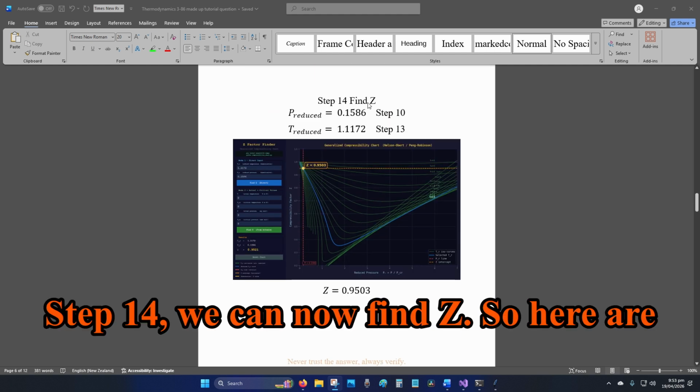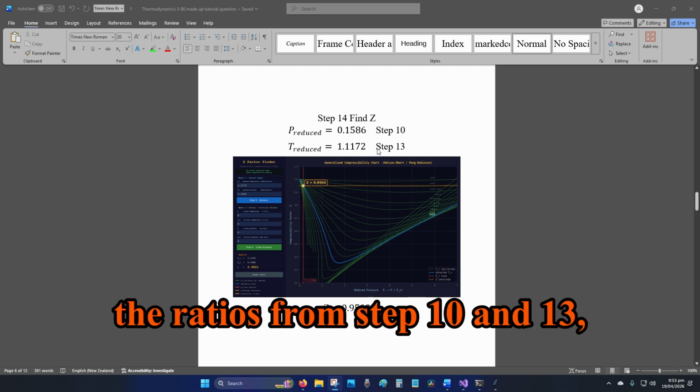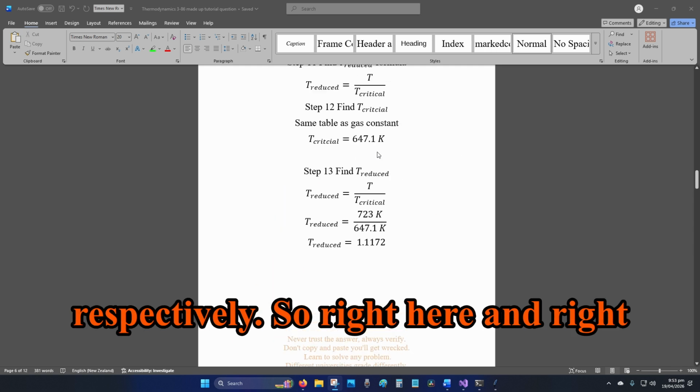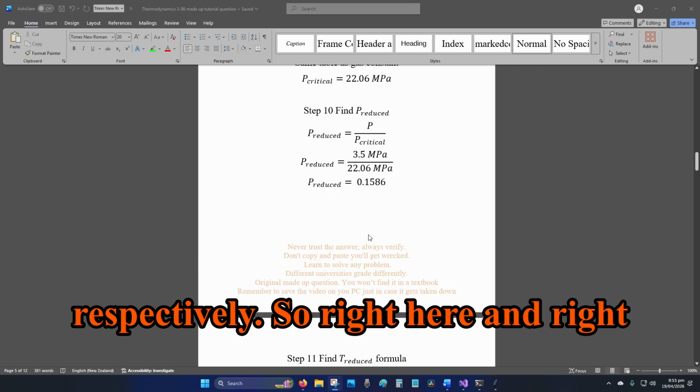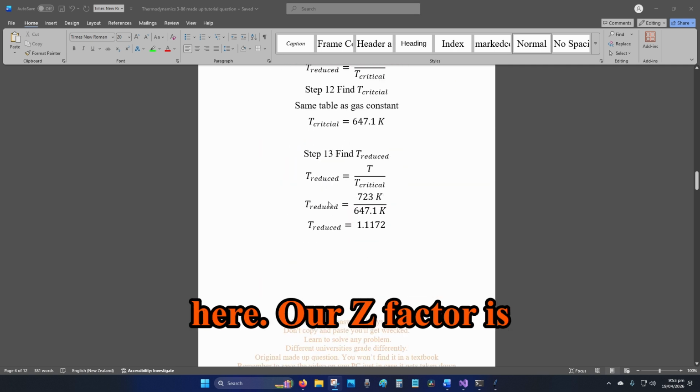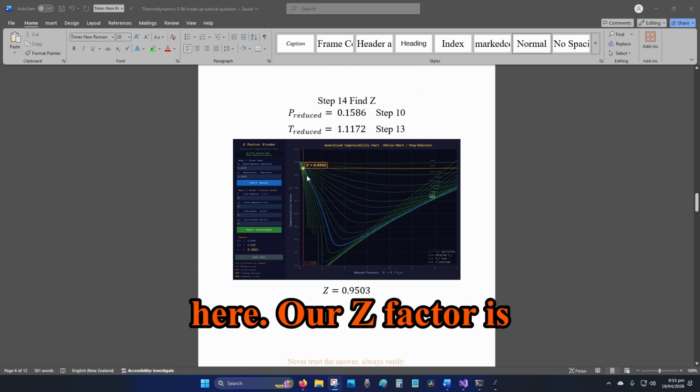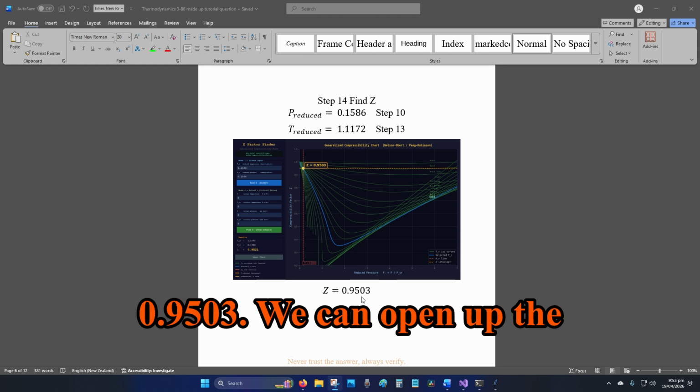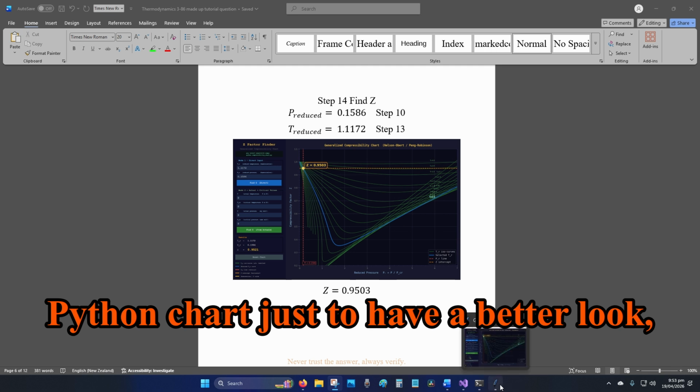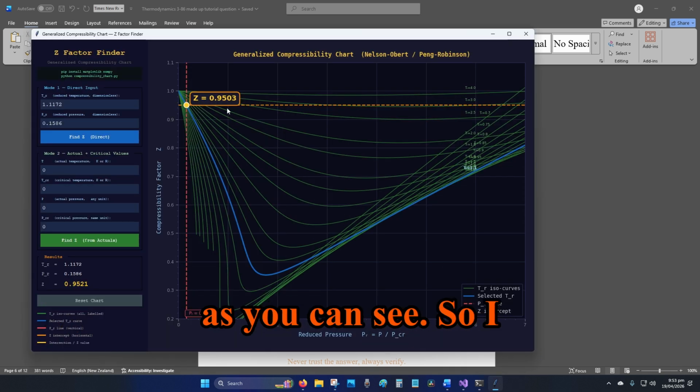Step 14, we can now find Z. So here are the ratios from step 10 and 13 respectively, right here and right here. Our Z factor is 0.9503. We can open up the Python chart just to have a better look, as you can see.